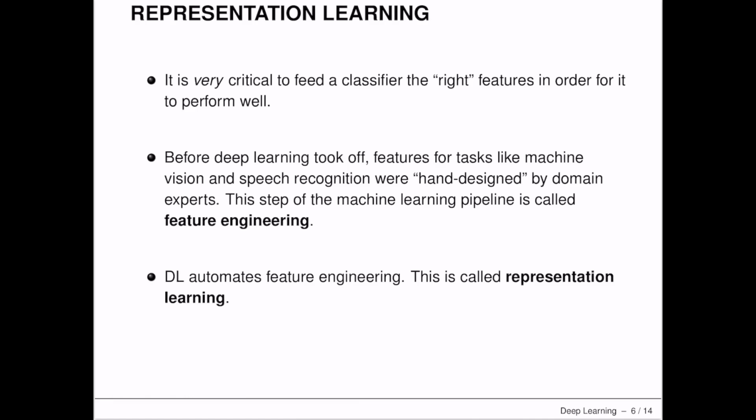So when images or, for example, speech should be represented, people designed handcrafted features for this kind of data. This step of the machine learning pipeline is called feature engineering. And as the name says, there's some engineer really designing the features.